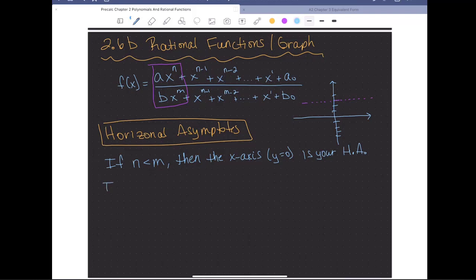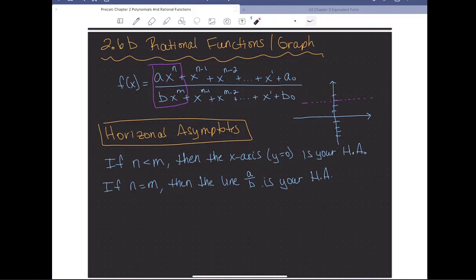The next one: if n isn't less than m, maybe n equals m. That's saying when you look at the leading term in your numerator and denominator, this degree and this degree are the exact same thing. If they are the same, then the line a over b is your horizontal asymptote.